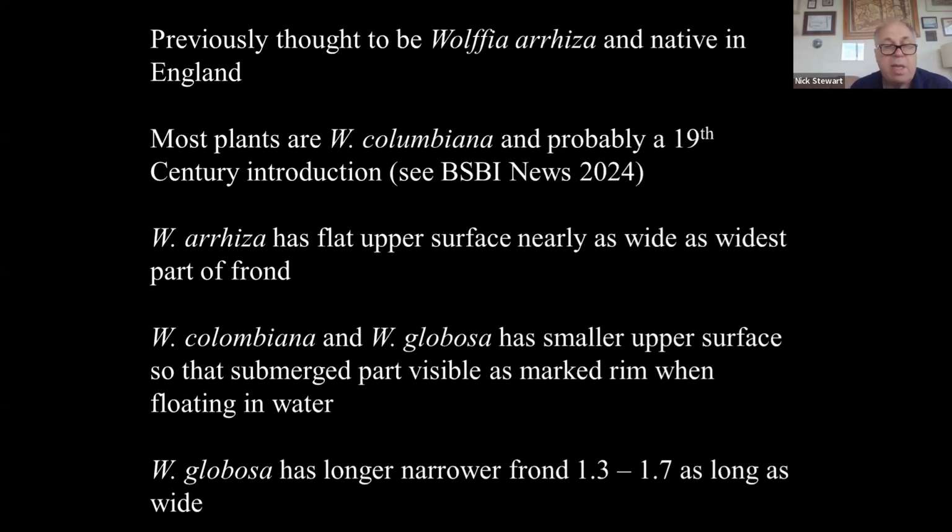And the differences, I'm afraid I don't have pictures of these. They're not easy things to take pictures of. But Wolffia oryza has a flat upper surface, which is nearly as wide as the rest of the frond. And the best way of assessing this is to see it growing in the water.